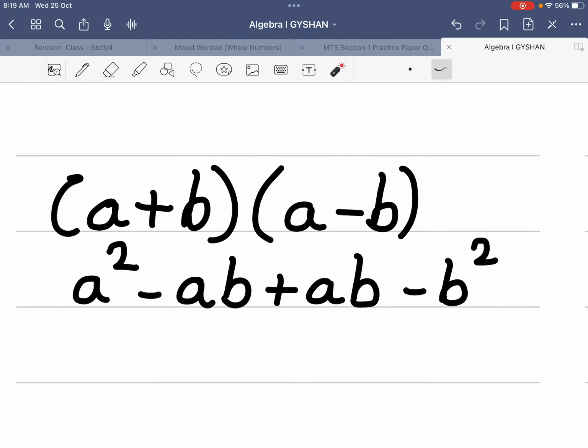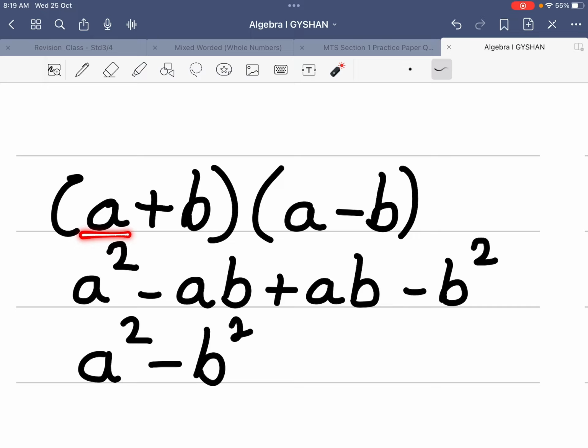So what we can notice with this is that we have A squared, which is the first term squared. We have minus AB plus AB, so they will cancel out each other. Minus 1 plus 1 is 0. And then we have the second term is squared. So that's A squared minus B squared.